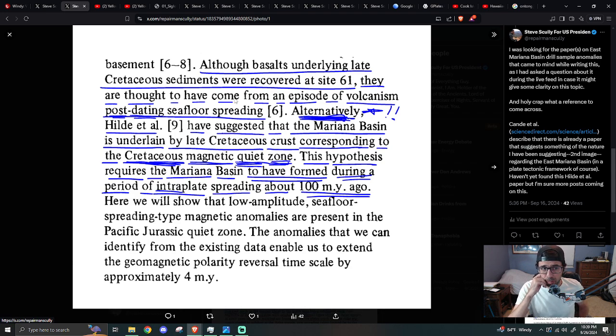Are you saying there's a spreading ridge at that location? You know, maybe an intraplate spreading ridge? See what's going on here? We're literally ignoring the data, coming to similar conclusions, but in a way where we ignore the data, rather than just acknowledging the data.